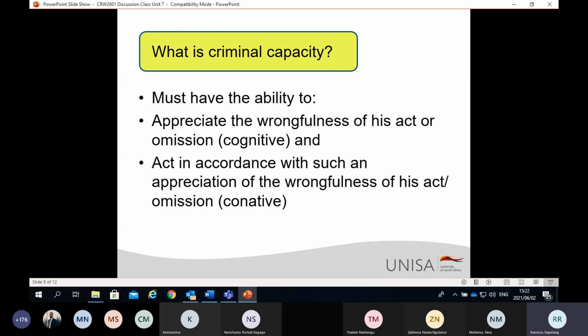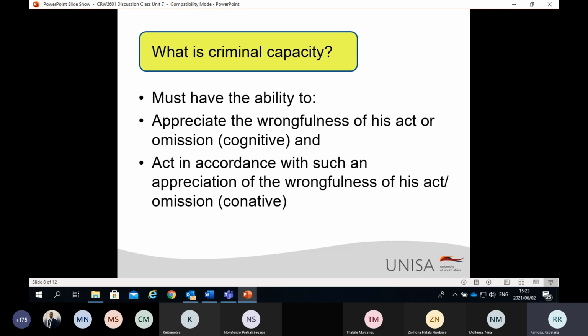In that instance, that is an assessment of X's awareness when he acted. It is an assessment of what X was aware of. Was X aware that what he or she was doing was unlawful? That can only be assessed at the time when X actually acted.